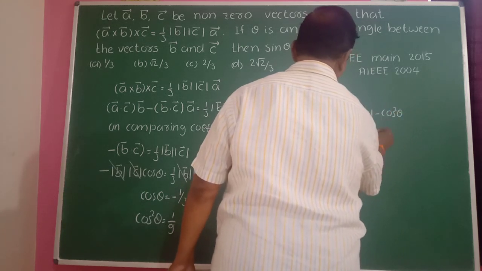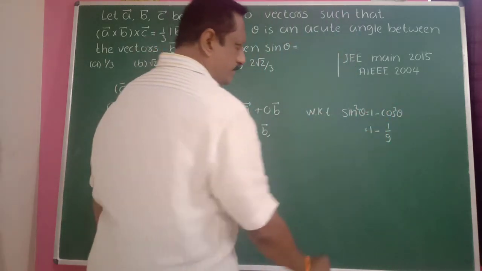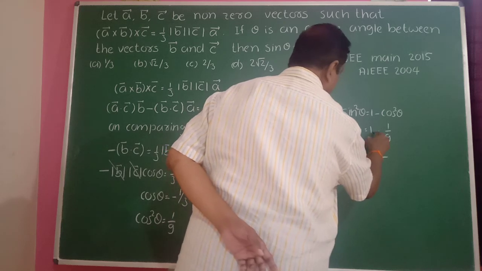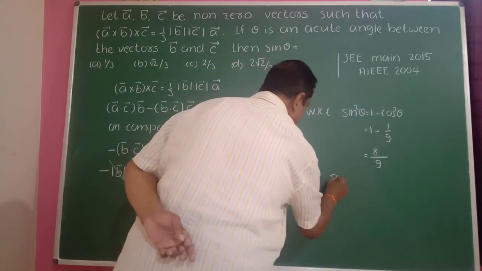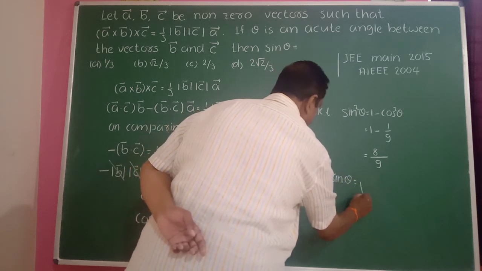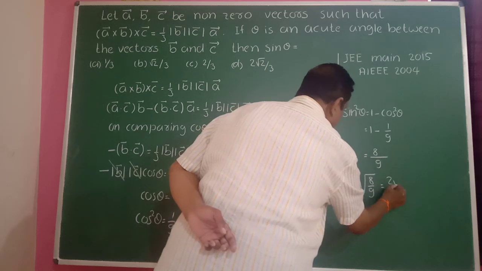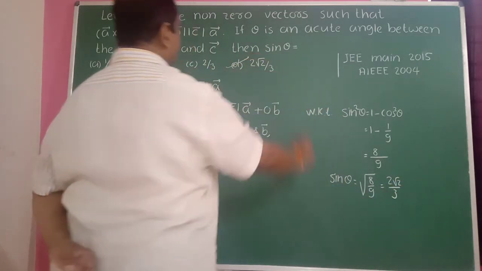Cos square is 1 by 9, so 1 minus 1 by 9. Then the LCM is 9; 9 ones are 9, 9 minus 1 becomes 8. Therefore, sin theta is equal to root of 8 divided by 9, so 2 root 2 divided by 3. So the fourth option is correct.